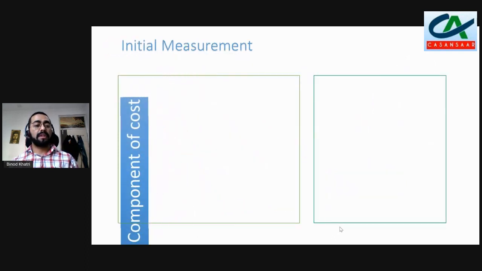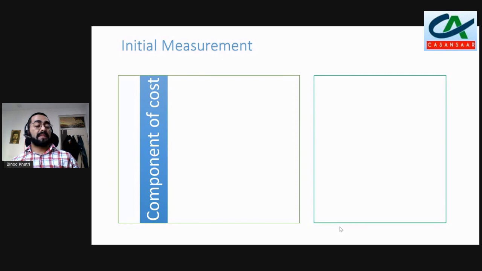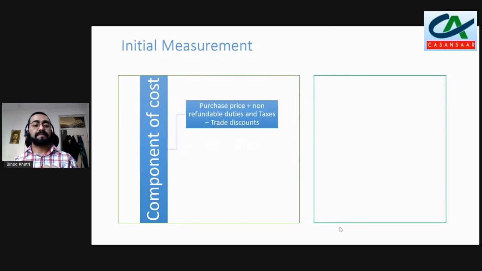First, let's talk about initial measurement, the components of cost in initial measurement. For example, we are purchasing some AC or some other equipment. Purchase price plus non-refundable duties and tax minus trade discount is what we consider as the components of cost.